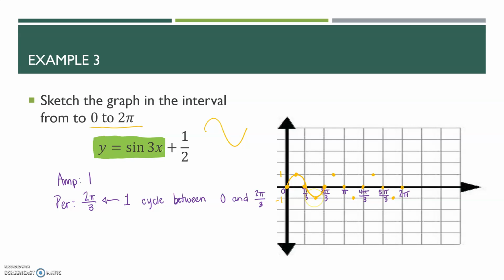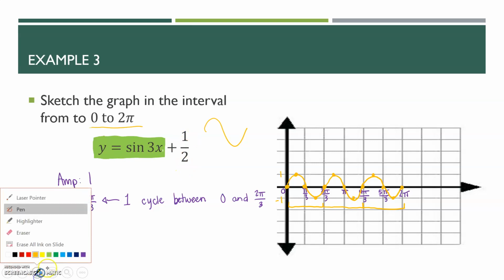And what I should see is that every 2 pi over 3 units, I have one complete cycle. There we go. Not a perfect sketch, but that's pretty close. So that's how we would do that. But now we have this plus 1/2 to deal with.